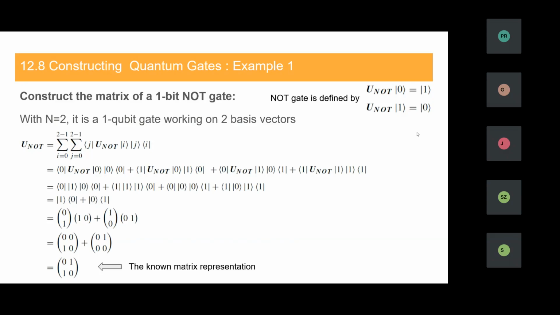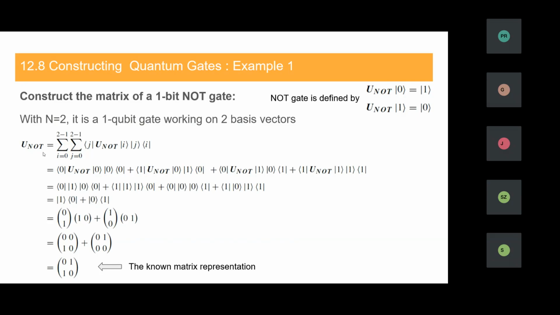What I will do is plug in a scenario where n equals 2. There are typically two states with one qubit, ket 0 and ket 1. These are the two states, and I will once again have the two basis vectors, ket 0 and ket 1. I'll just plug in those values here. It is a very simple jugglery which I'm doing.